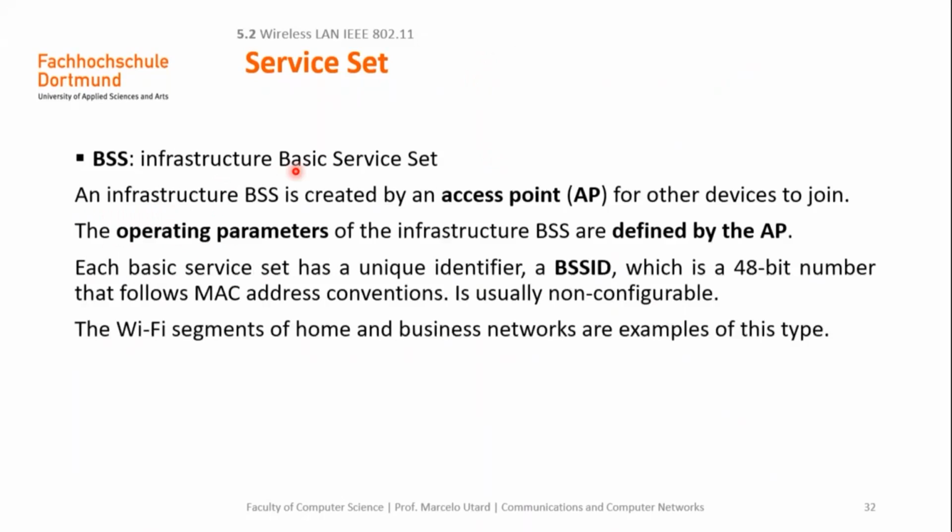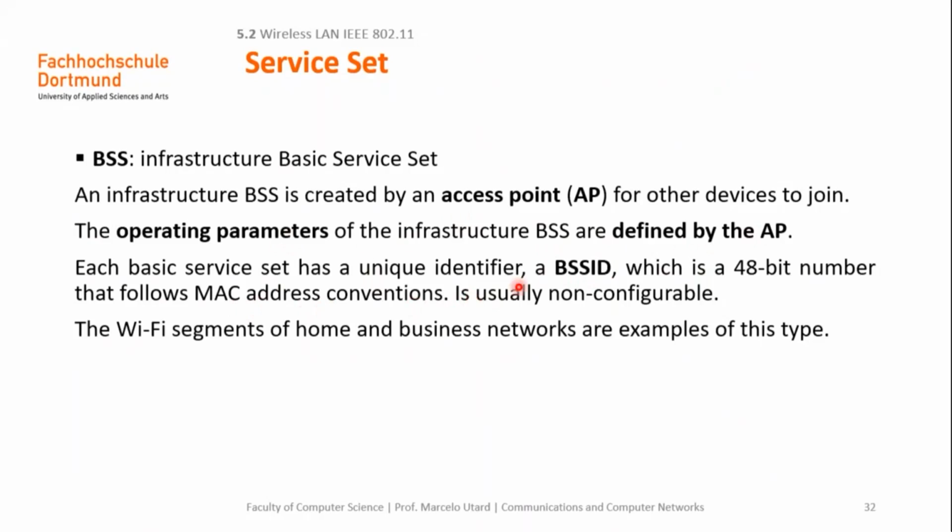The BSS, that is the infrastructure basic service set, is created by an access point for other devices to join. The operating parameters are defined by the access point. Each basic service set has a unique ID called the BSSID, which is a 48-bit number that follows MAC address conventions.